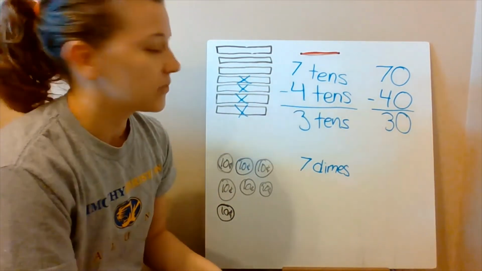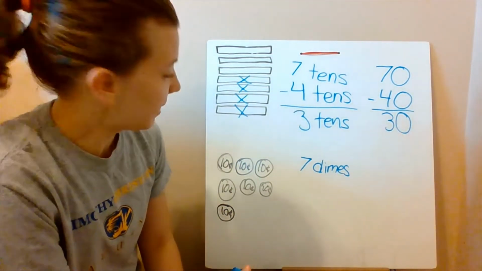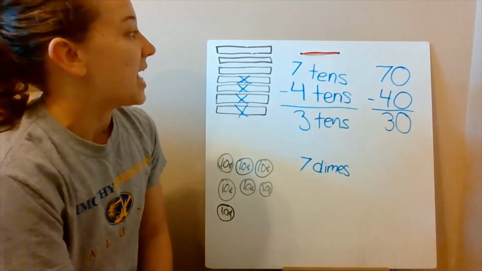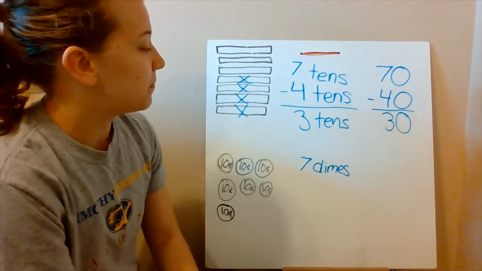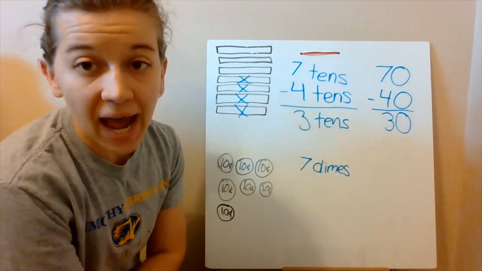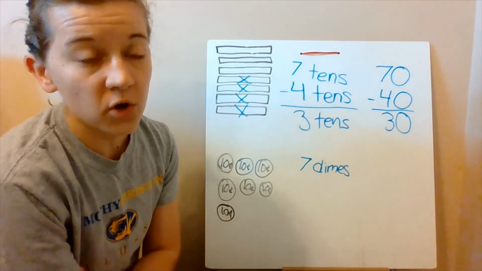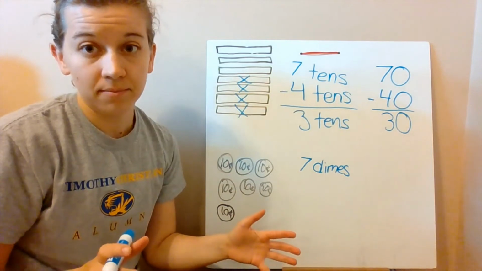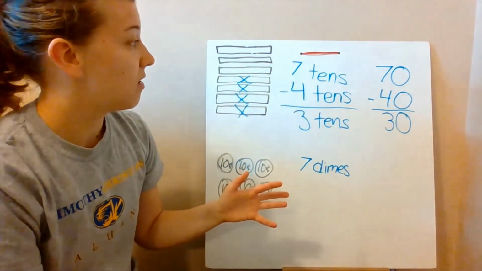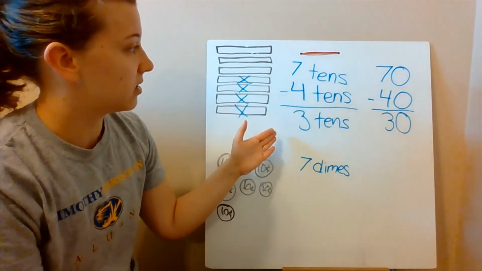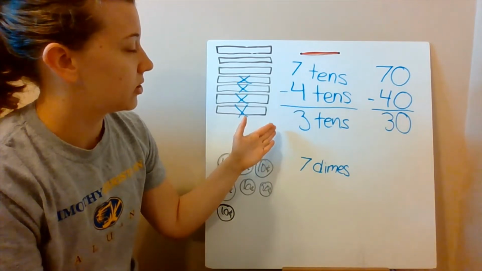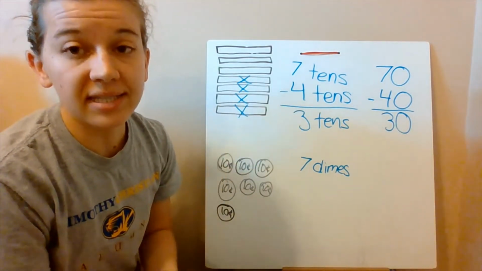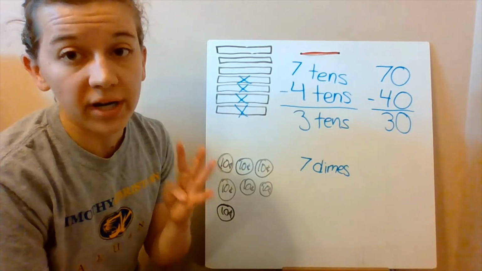Okay, so Jacob's mom has 7 dimes, right? So each hat is worth, or every 10 hats is a dime. Okay, so she bought 4 tens, which means that she had to pay 4 dimes.